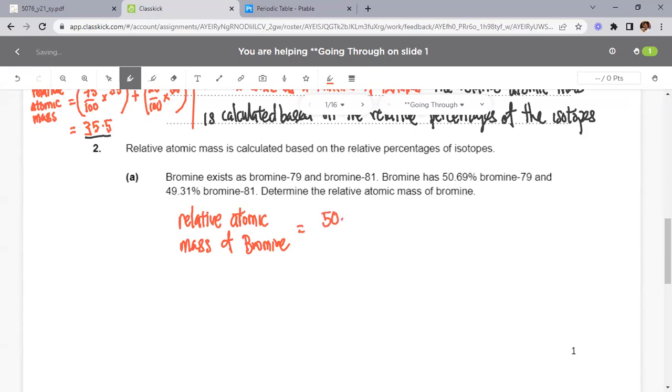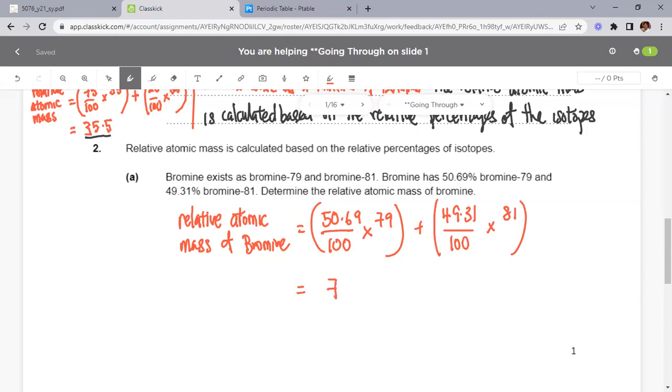So 50.69 over 100 multiplied by 79. I'm going to add this with 49.31% of bromine-81.